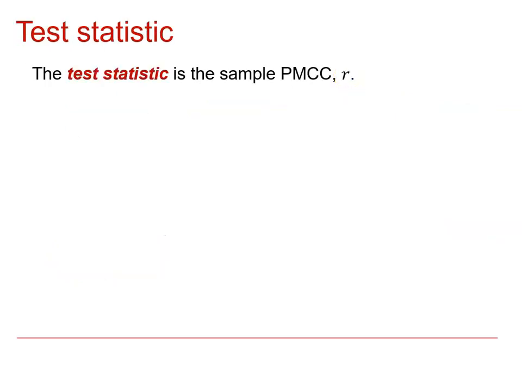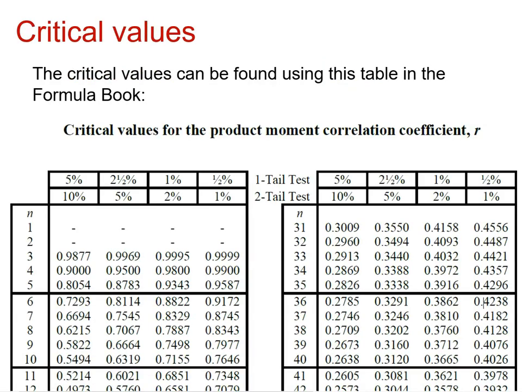The test statistic is the sample product moment correlation coefficient R, as calculated in video 2.1. The critical values can be found using one of the tables in the formula book. Just look out for product moment correlation coefficient and R. When you're using this table, you need to focus on whether you're using a one-tail or a two-tail test.